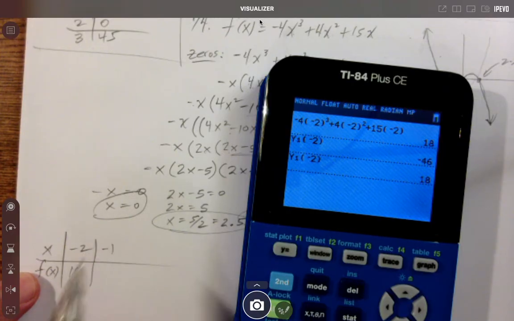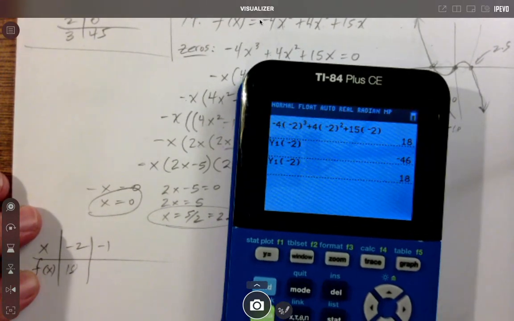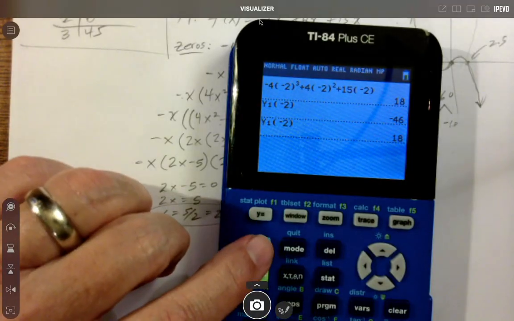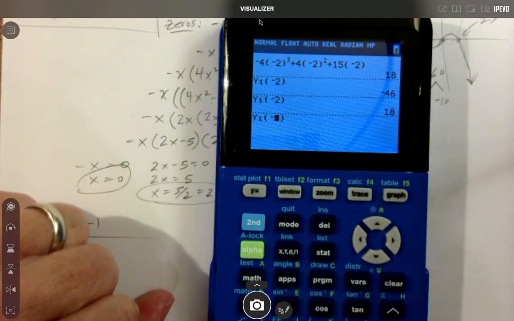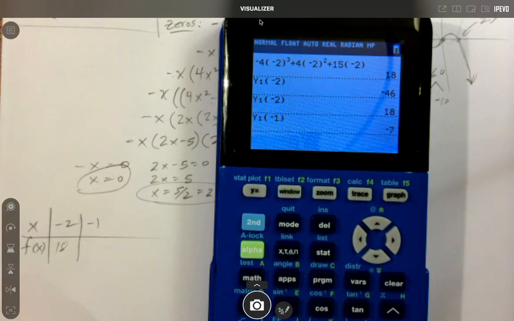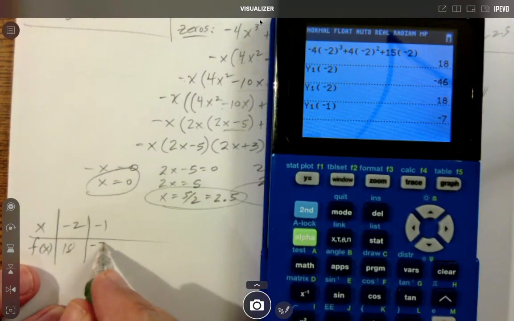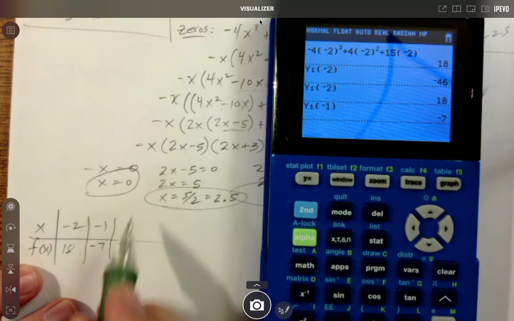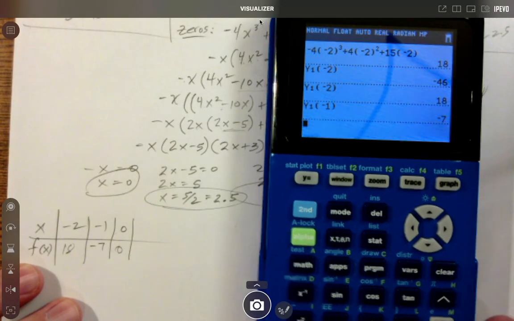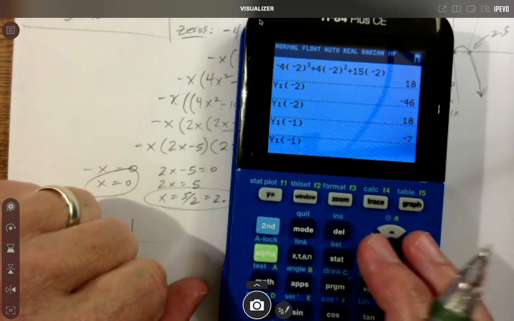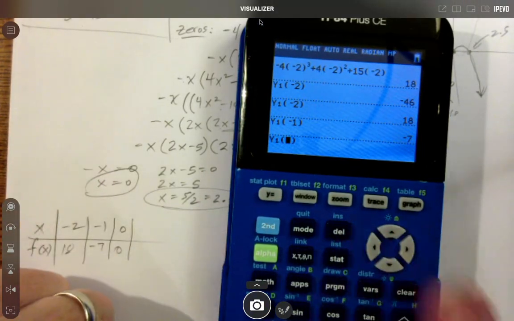Or if I put in negative 1, so I'll just hit second enter. If you hit second and then enter, it pulls up your old one. I'll just change that to a 1. That's negative 7. We know 0 already. 0 is 0. We discussed that. If I plug in 1, just go over here and delete that negative.